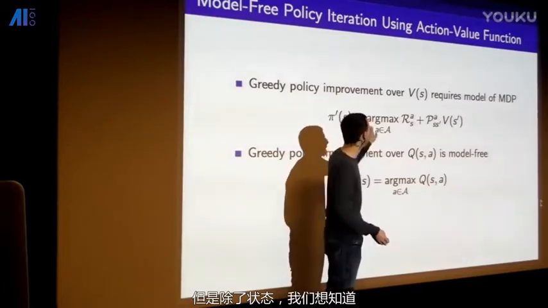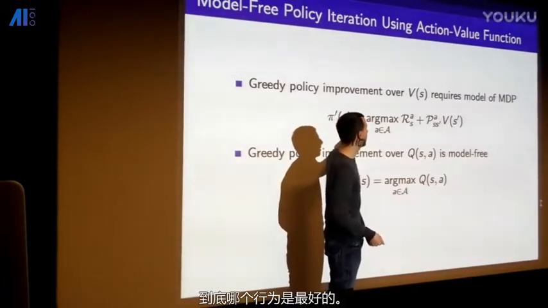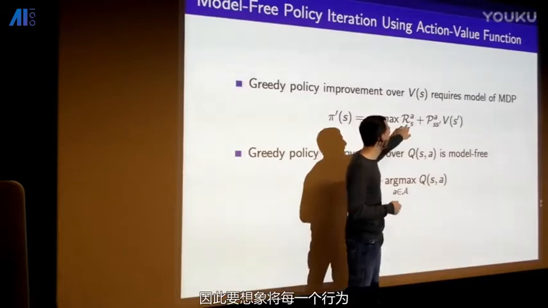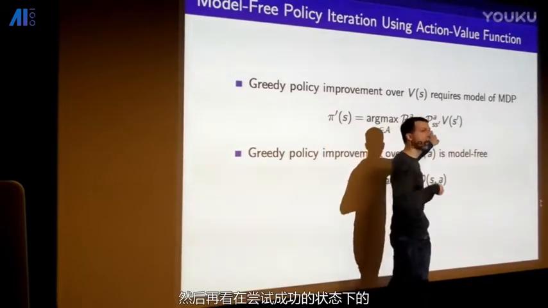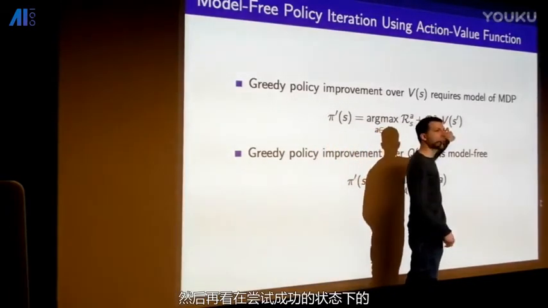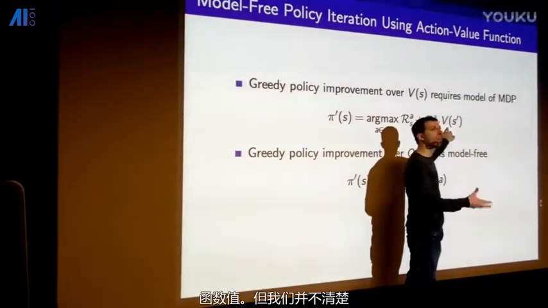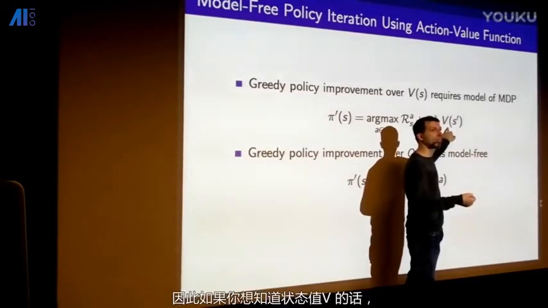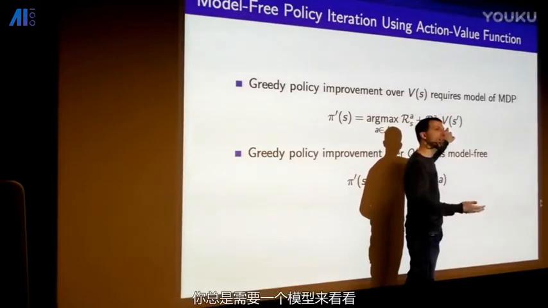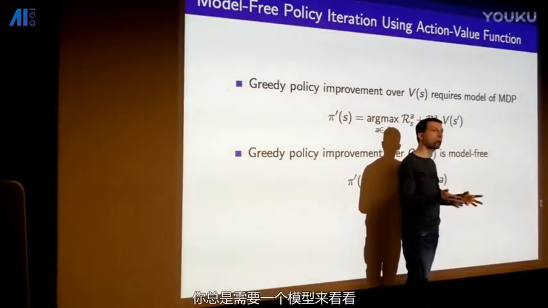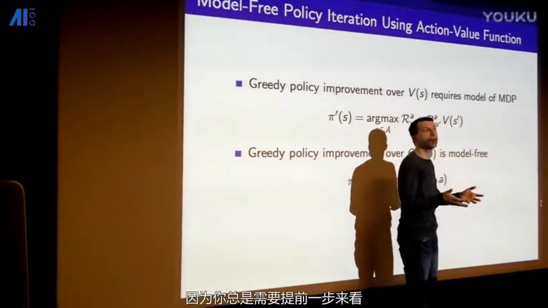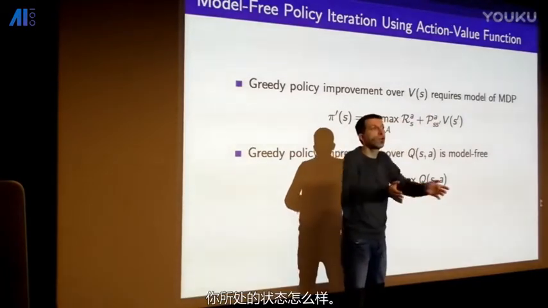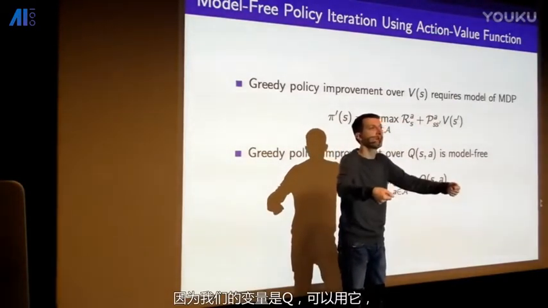So if I'm in some state and I want to know which action is best, I have to imagine what would happen for each possible action. I have to roll forward the dynamics one step to look at the value function of my successor state. We don't know those dynamics. We're trying to be model-free. Okay? So if you work with the state value function v, you always need a model in order to do your policy improvement, because you need one step of look ahead to get to your next state.